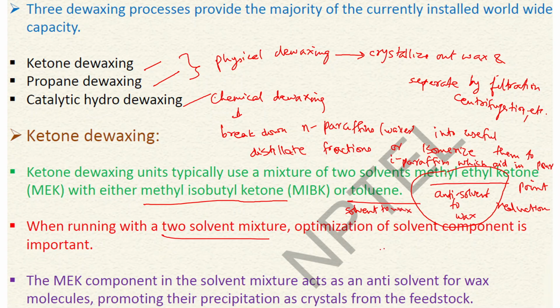So if we add a mixture of two solvents, wax will dissolve in toluene and the oil will dissolve in MEK, and then the freezing will be done. MEK in the solvent mixture acts as an anti-solvent for wax molecules, promoting their precipitation as crystals from the feedstock.